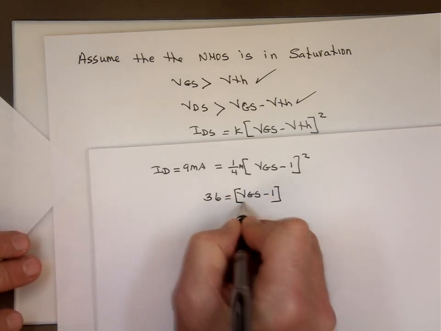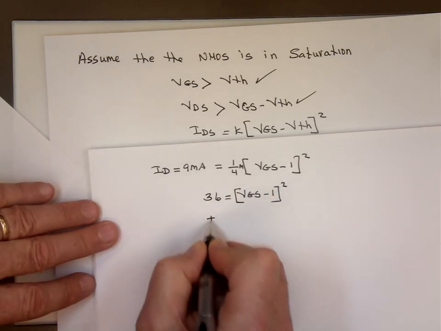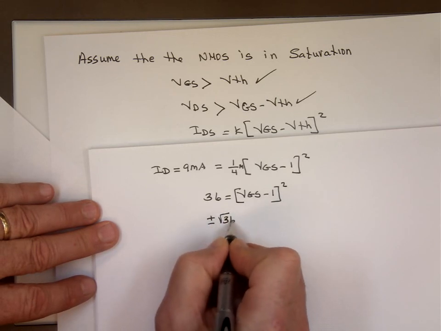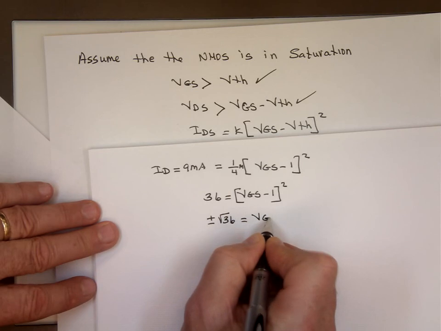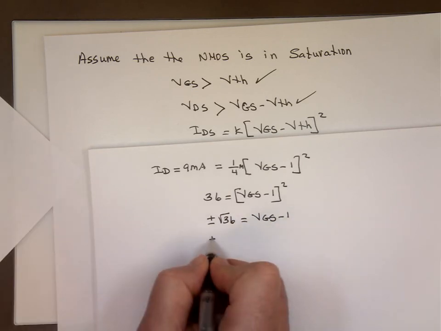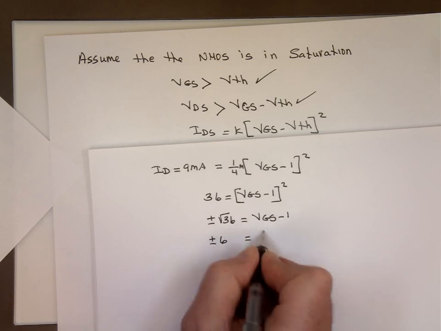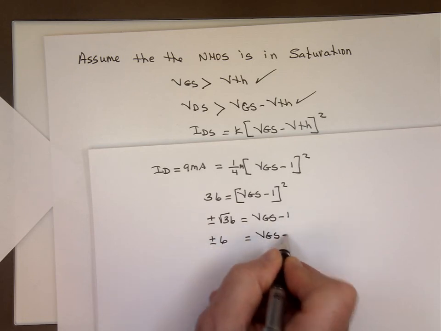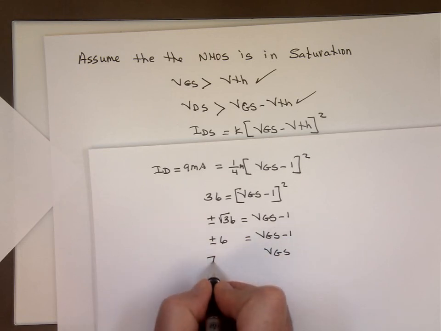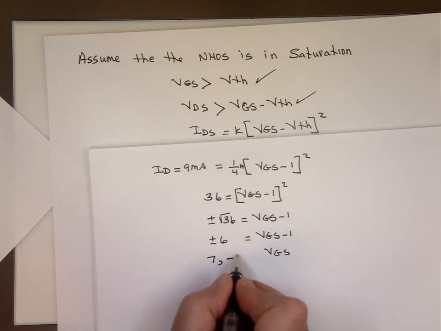Take the square root. VGS minus 1 equals plus or minus 6. Add 1 to this side, VGS is either 7 or negative 5.